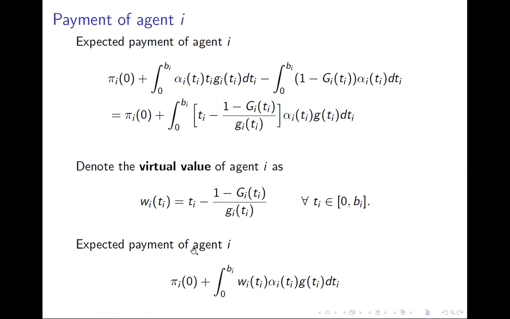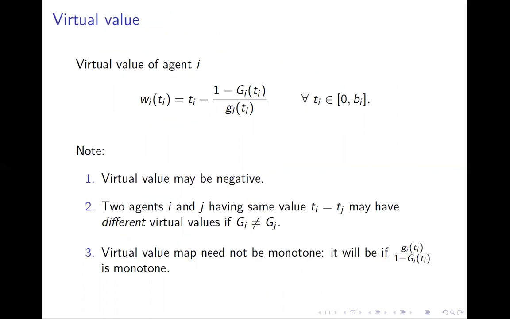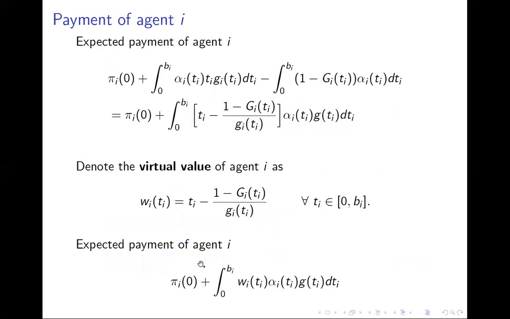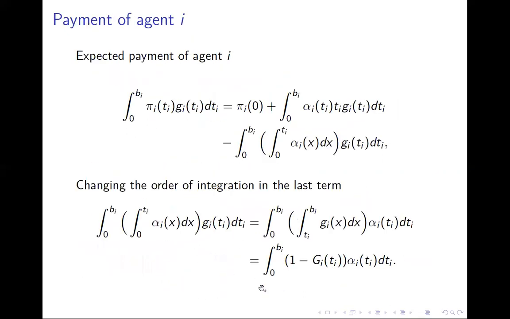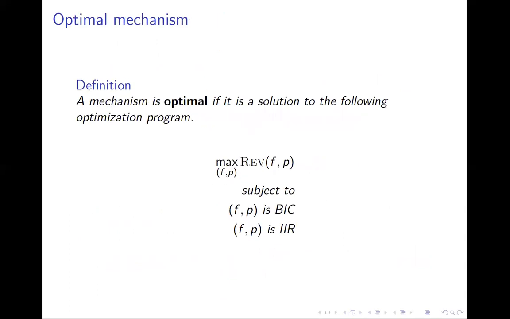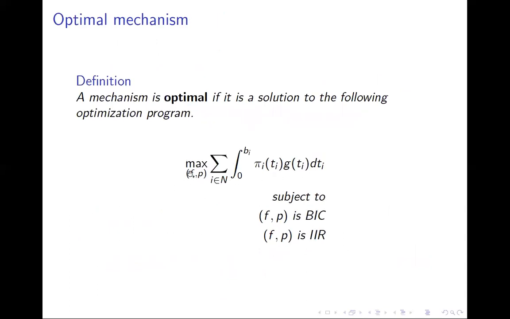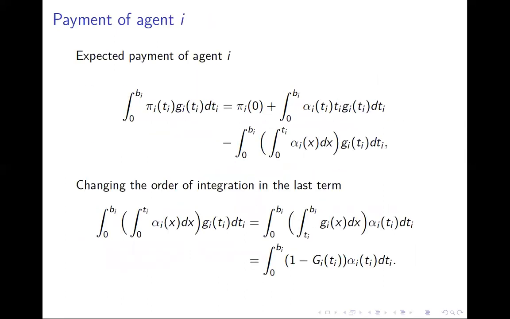Summarizing, expected payment of agent i is pi i 0 plus the expected virtual value of agent i. That's how we are going to simplify the revenue expression. And of course, because this is the expected payment, we can substitute this here and rewrite the objective function.